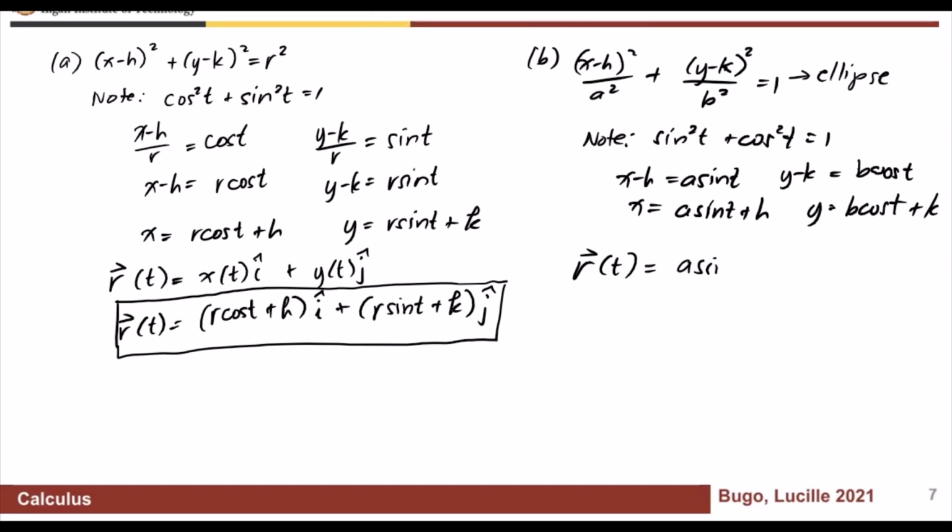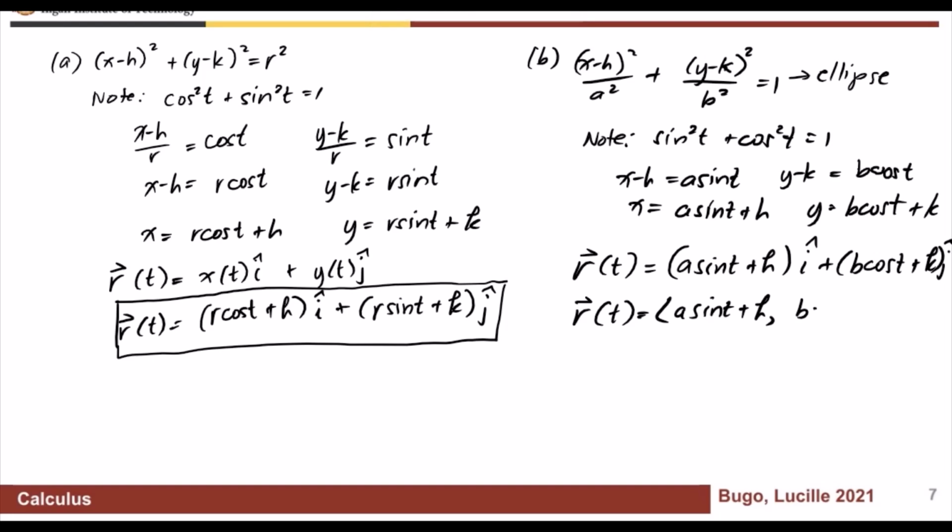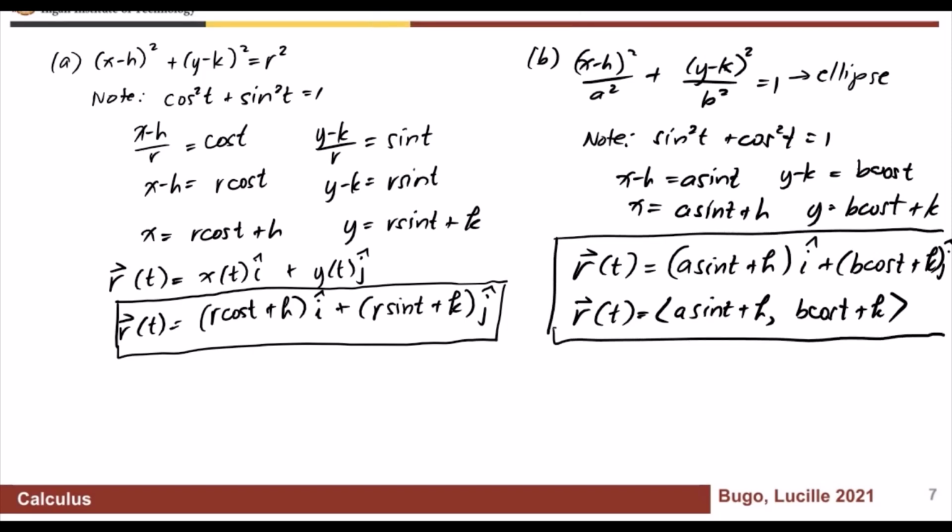So we have here a sine t plus h i hat plus b cosine t plus k j hat. Or you may also write this in this manner using components: a sine t plus h, comma, b cosine t plus k. So either of these two.